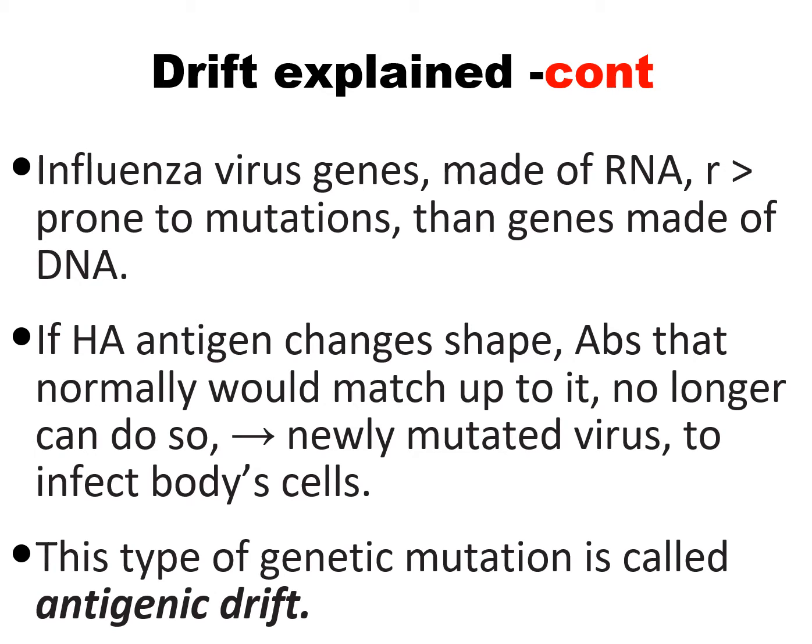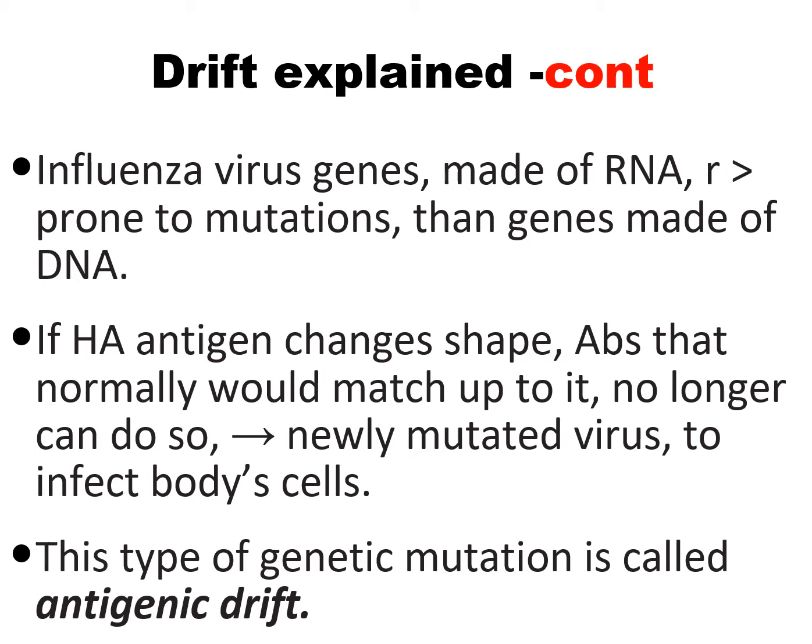Influenza virus genes made of RNA are more prone to mutations than genes made of DNA. If HA antigen changes shape, antibodies that normally would match up to it no longer can do so.